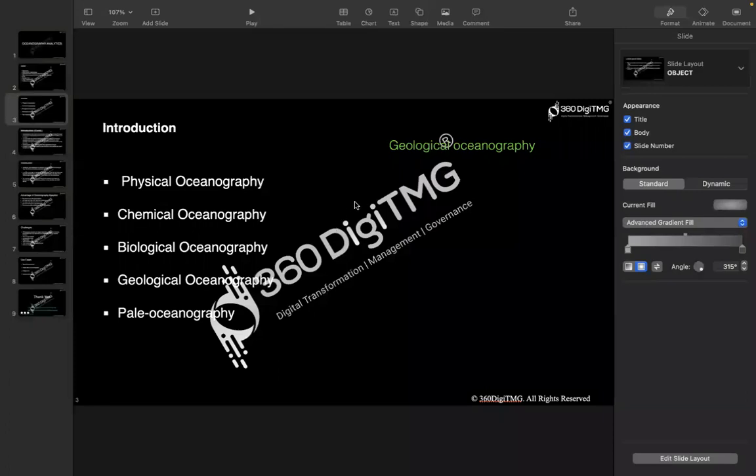So what does geological oceanography mean? It is nothing but the study of sediments and rocks within the marine environment.